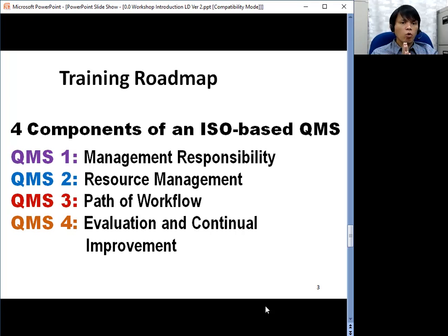So the path of workflow is comprised of interrelated activities, the pre-analytical, analytical, and post-analytical, that transforms biological patient sample material into laboratory results and information. And QMS4, evaluation and continual improvement, the quality management data gathered and analyzed are used to implement appropriate action for continual improvement.